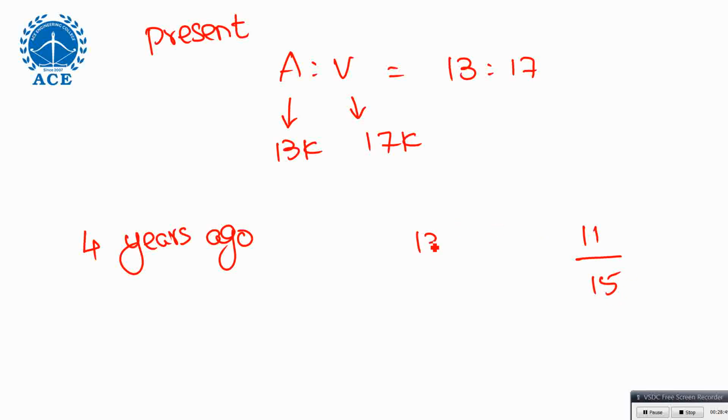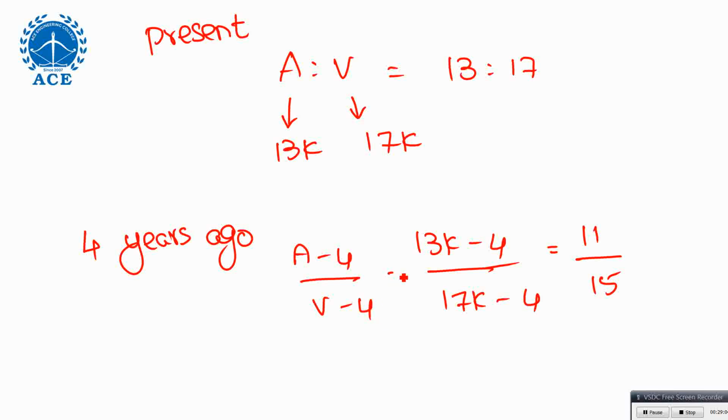This is 13k minus 4, 17k minus 4. Why minus 4? 4 years ago. What is 13k? Present age of Arun. So 4 years ago means A minus 4, B minus 4 will come.